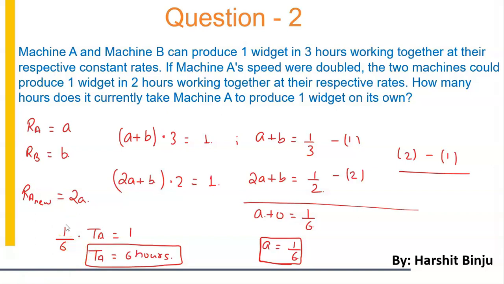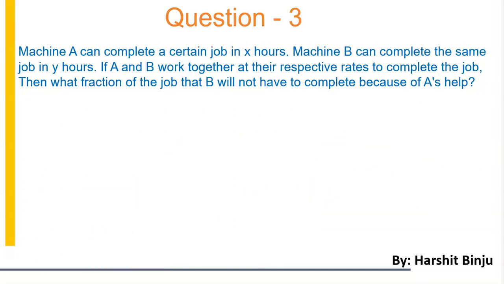Alright, then let's move on to the next question, which is question number 3. So pause the video and draw this question, please. Machine A can complete a certain job in X hours.